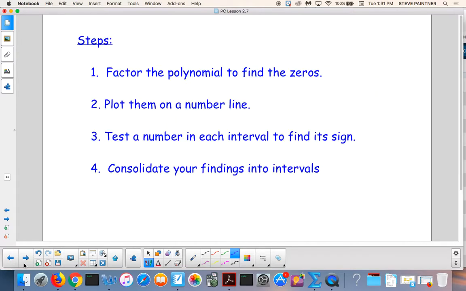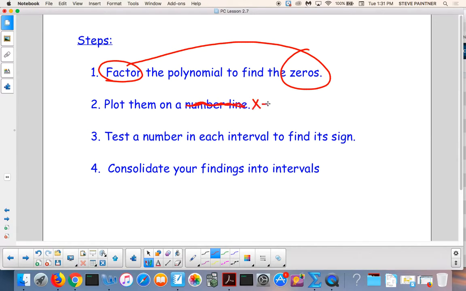Some quick steps that we just did. What did we do right away? We just kind of found the what? Zeros, that's what we did. Then we plotted them on a number line. No, we didn't. We plotted them on what? Then we put the zeros on the x-axis. Yep. Then we tested a number in each interval to find its sign.